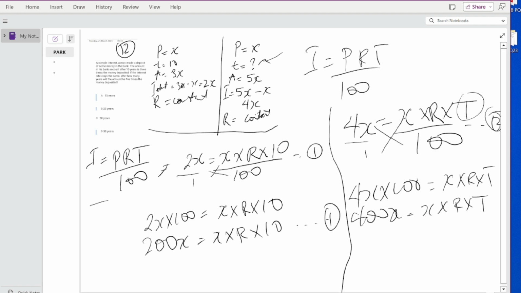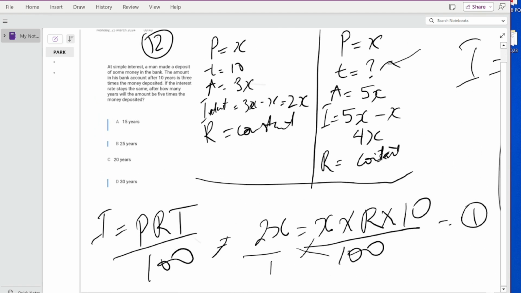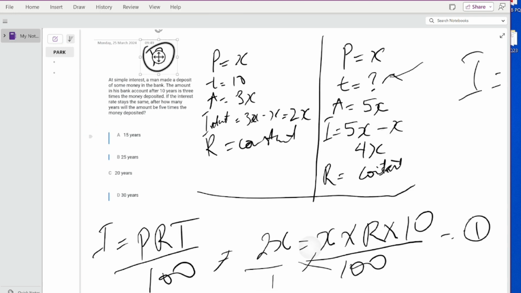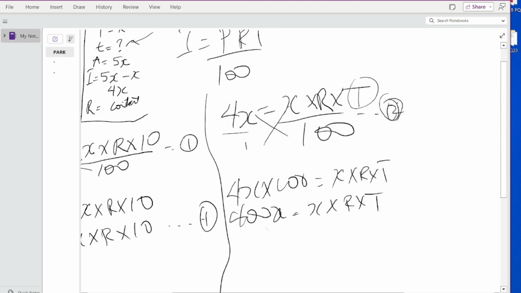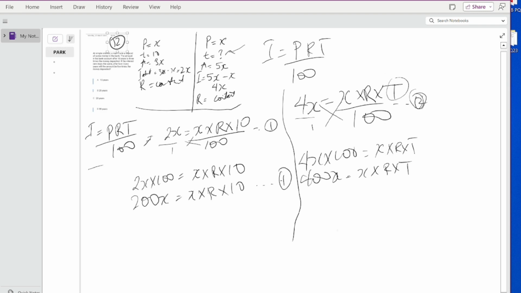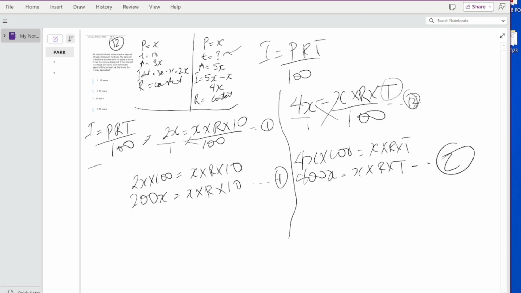And since the question says, after how many years will the amount be 5 times the money deposited? After how many years? So we're looking for the time. Come back and see what we can do. This is equation 2. It's looking like we have to do a form of simultaneous equation where you use the substitution method.